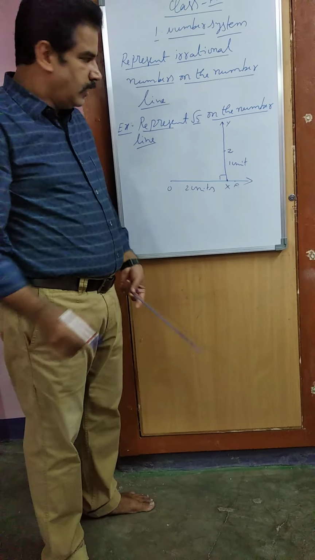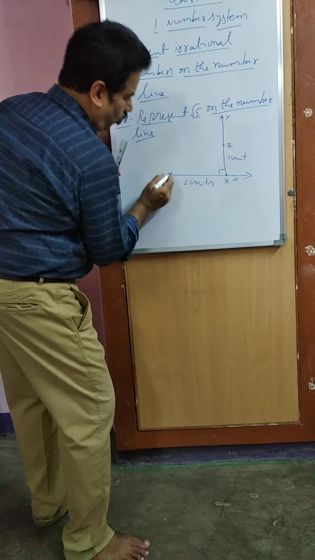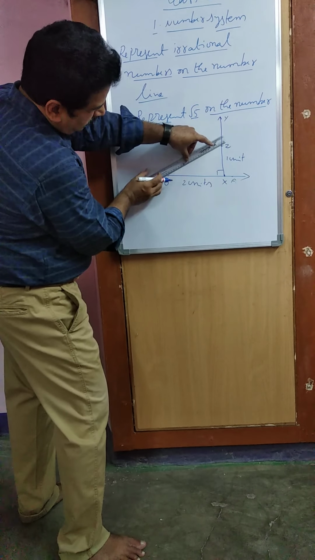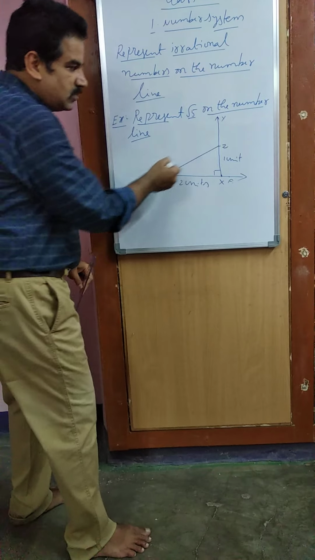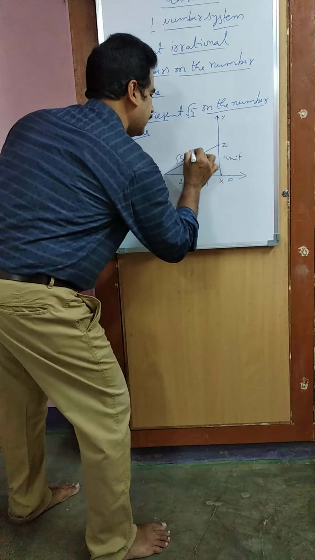Okay. And now you join OZ with scale. The length of OZ is root 5 units.